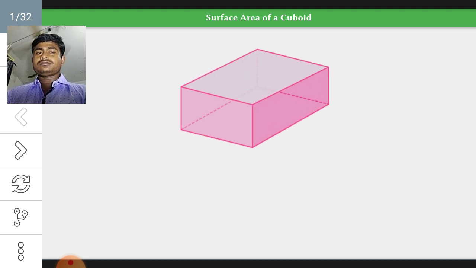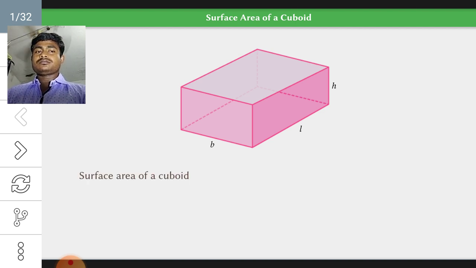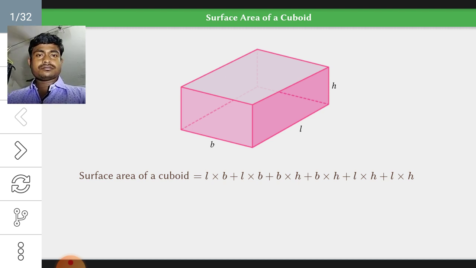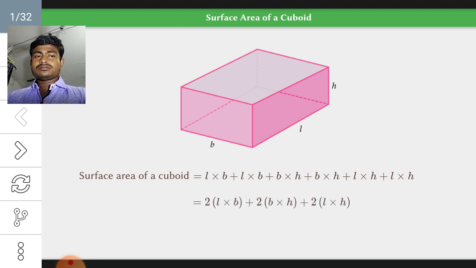For a cuboid of length L, breadth B, and height H, the surface area can be calculated as L into B plus L into B plus B into H plus B into H plus L into H plus L into H. This further gives us 2LB plus 2BH plus 2LH.